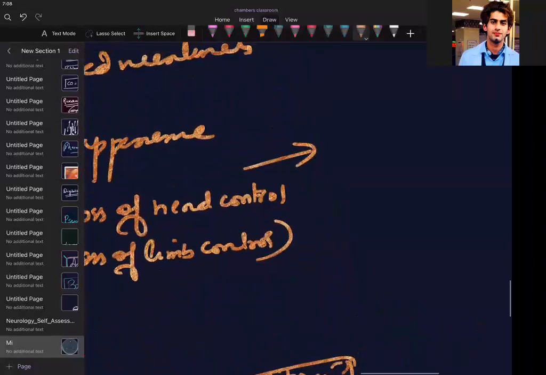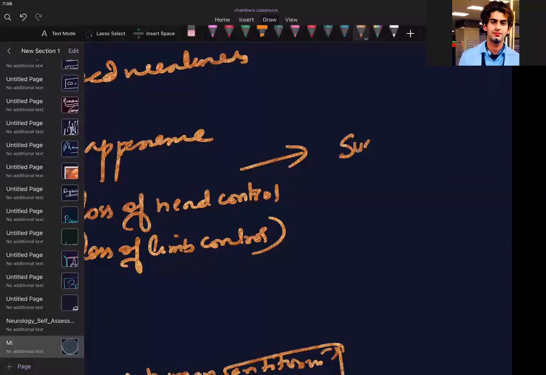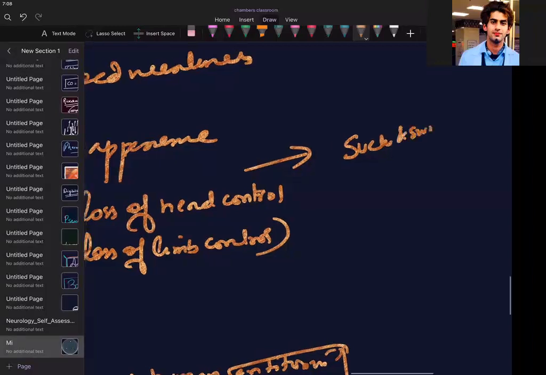He will not be able to suck because he's breastfeeding, so the mother will feel he is not able to do suckling. Suck and swallow will be absent. His voice will also be weakened. He will have that extreme weakness. So these are all the features of floppy child syndrome.